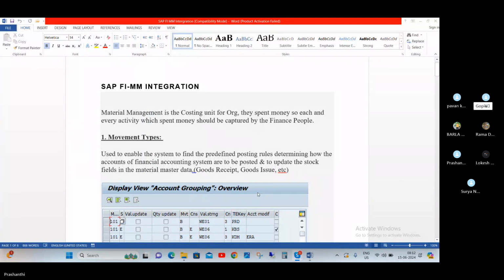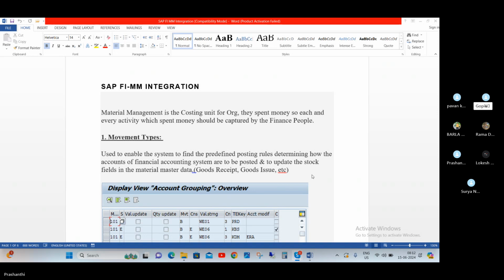Material management is a costing unit for the organization. They spend money, so each and every activity which spends money should be captured by the finance people. In every organization we require some materials.